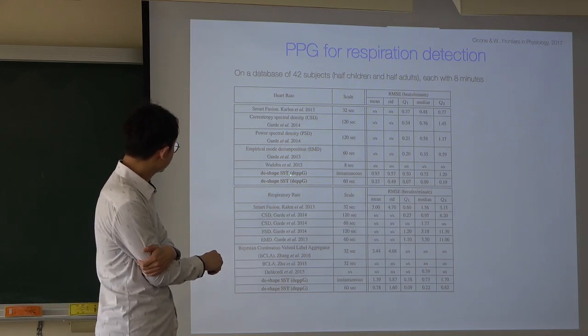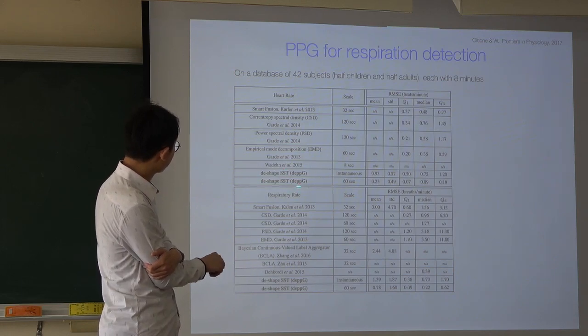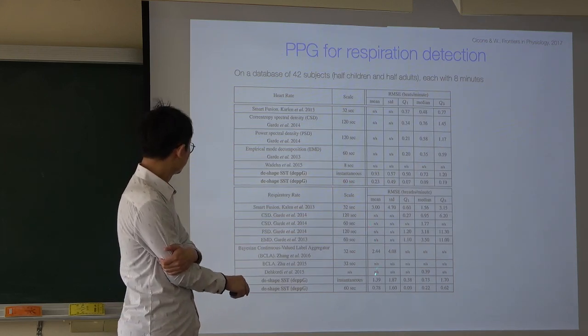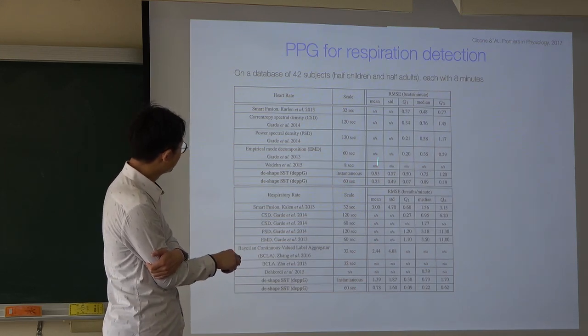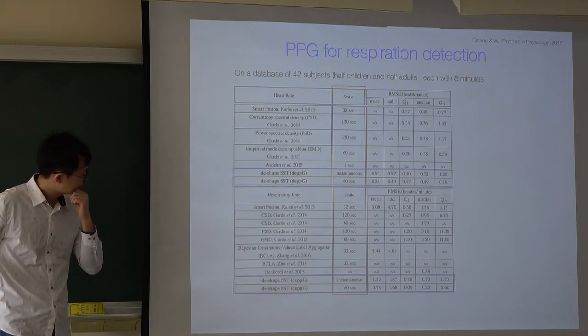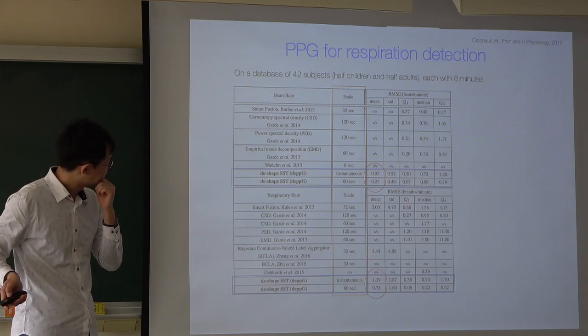This is our algorithm. You can get instantaneous or 60-second average heart rate or respiratory rate, and compare with existing algorithms. I think everything is nice.